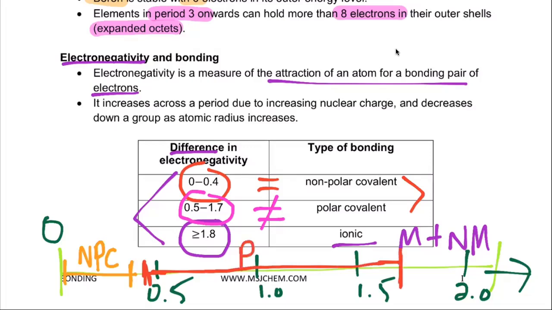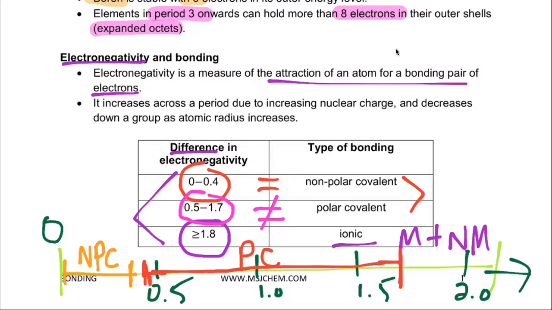That's a pretty big section compared to the non-polar covalent. So a lot of covalent molecules tend to be polar. And then anything above 1.7, where it's 1.8 or higher, that's going to be my ionic section over here.